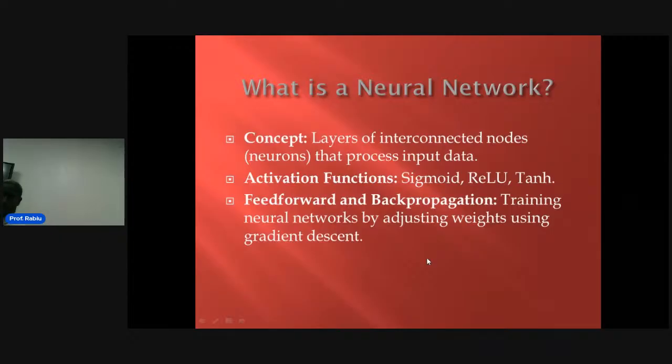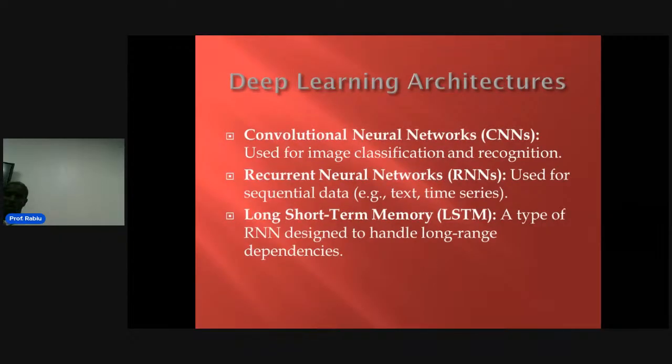Okay, so deep learning architecture is basically the convolutional neural networks using the image classification and recognition.